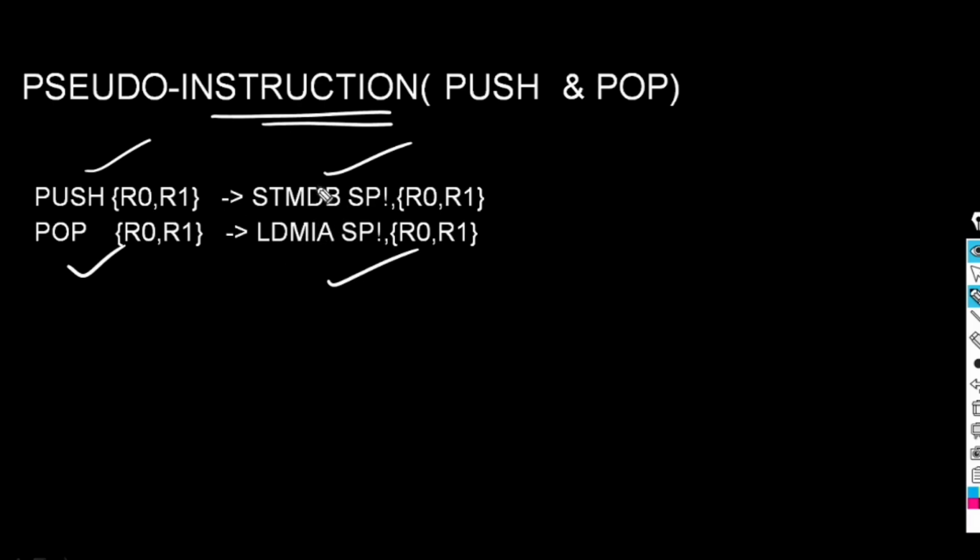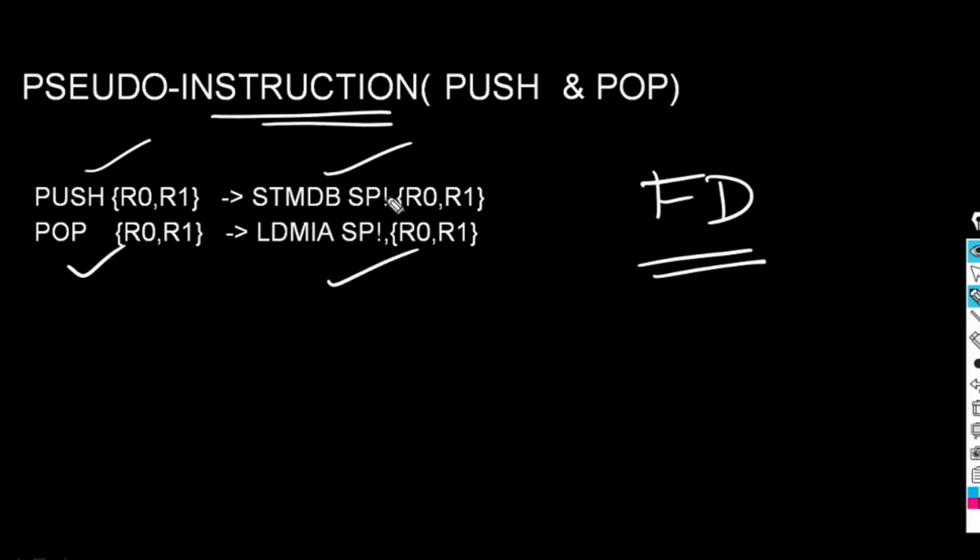Because we already saw while discussing the previous stack models that full descending is the stack model explicitly mandated. So if you just write push and pop, it's automatically assumed that the stack model we want to consider is full descending only, and full descending instructions are in turn converted to store multiple decrement before and load multiple increment after instructions.